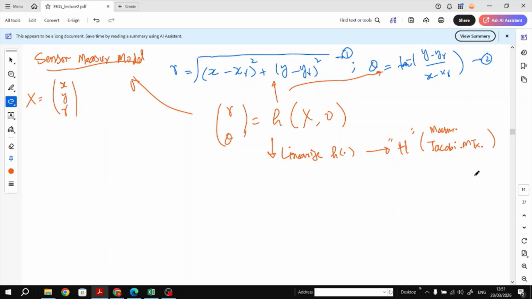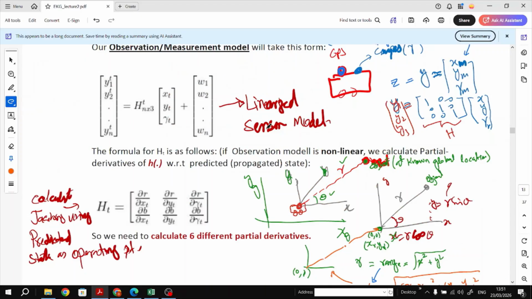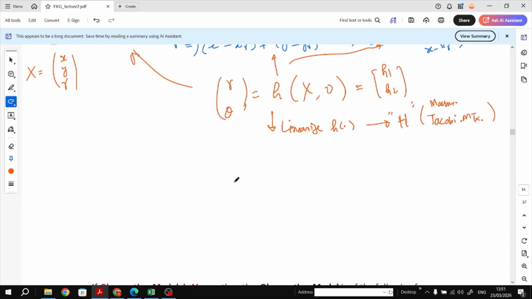So same way, in this case you have two functions, h1, h2, and you have your three states. So your state vector is 3 by 1, and you have two measurements.